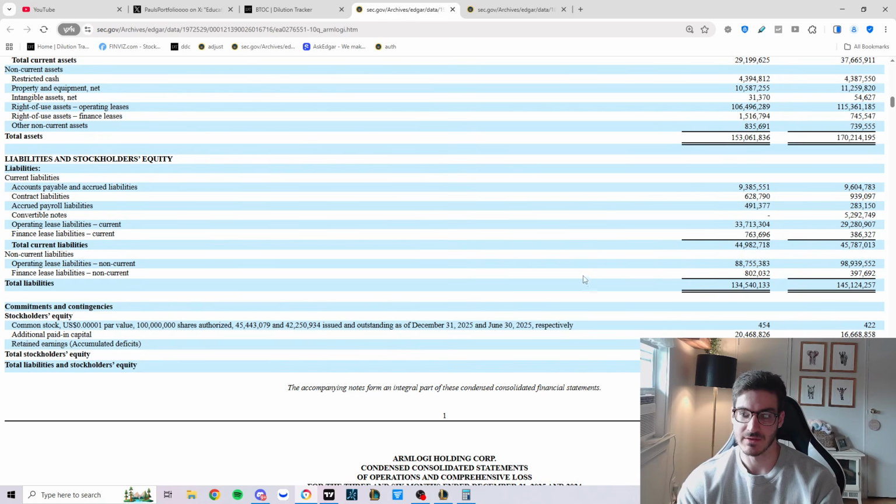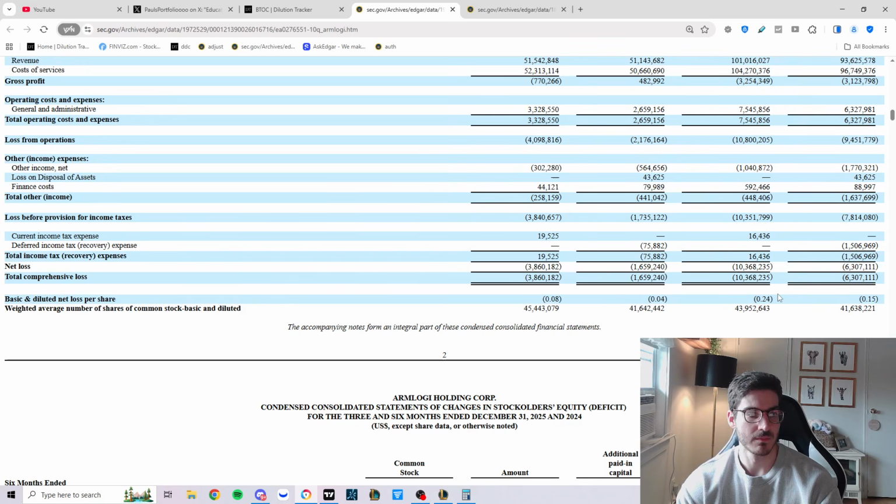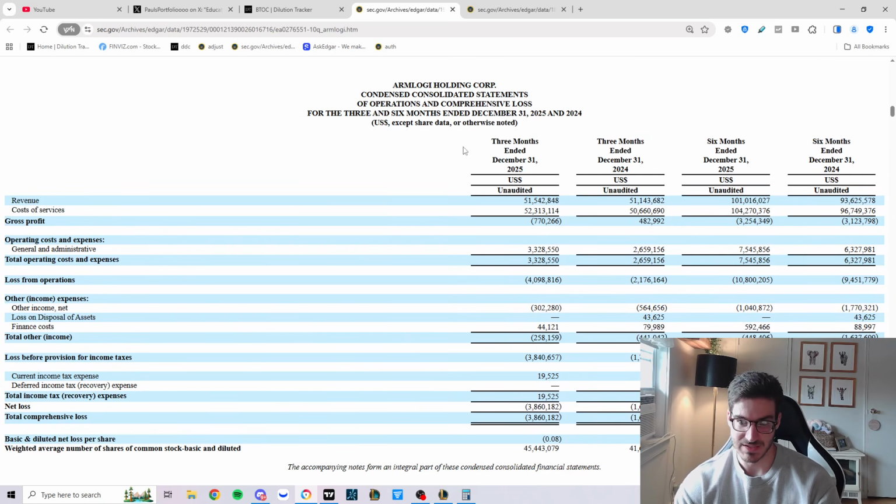If you scroll down to their shareholder equity, like their actual diluted shares, it says basic and diluted net loss per share, weighted average number of shares. This shows you the exact amount of shares the company has had for each filing.